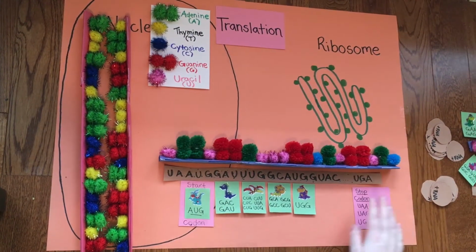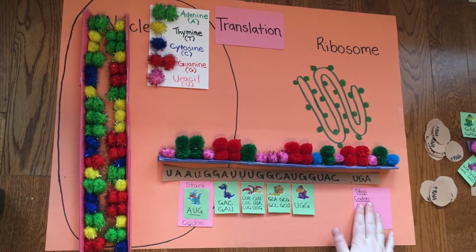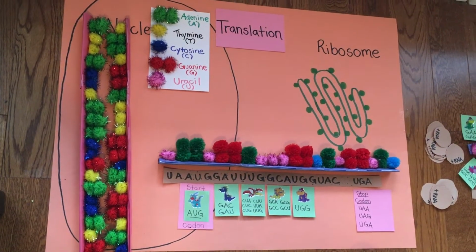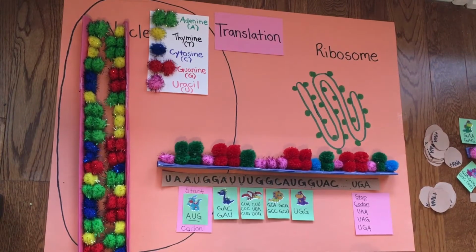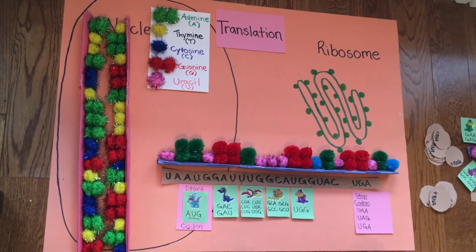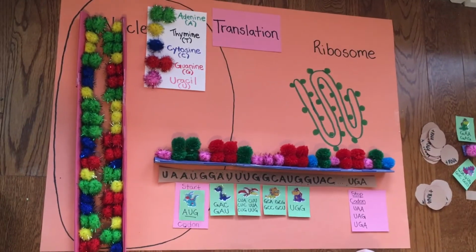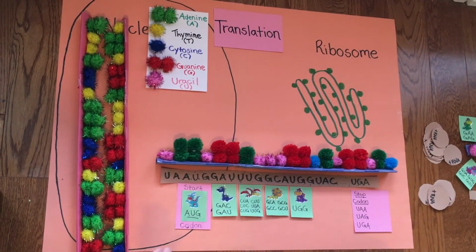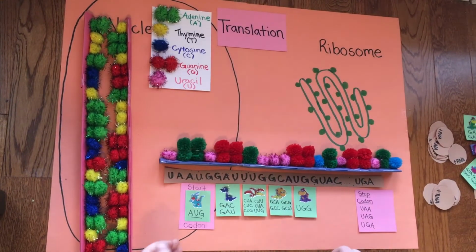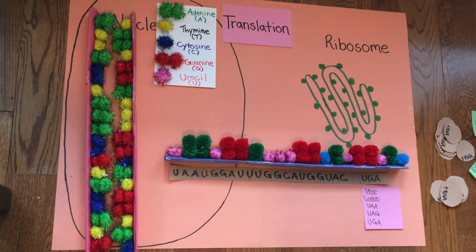So let's enter our stop codon there. Once we reach this end, the amino acid chain will begin to fold into its protein shape and become ready for transport. So yay, we have just made our complete protein. I'll move this all down.